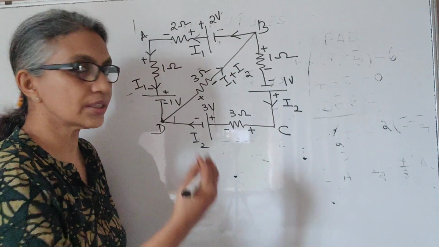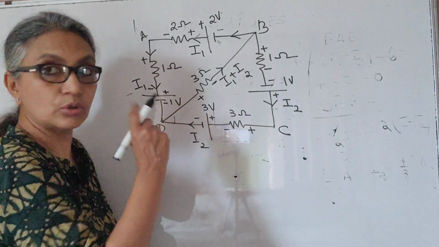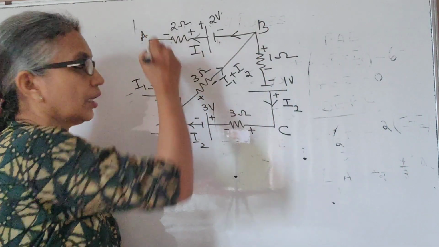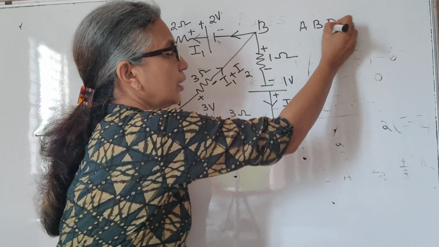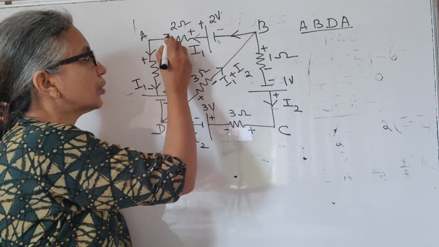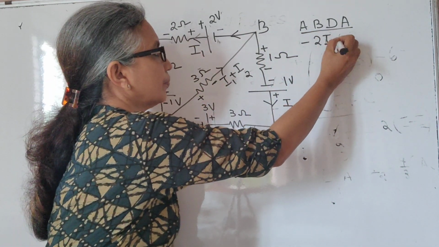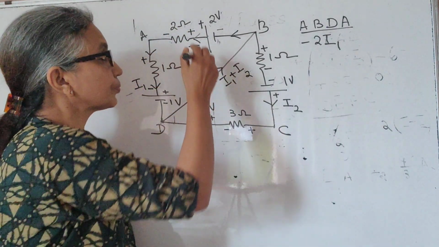Right? Now since there are 2 variables, I need 2 equations, so I'm going to take 2 loops. Let's first take A, B, D, A, the first closed loop. When I start from here, I'm entering through the negative, so minus 2 into I1, because the current in this branch is I1 and the resistance is 2.